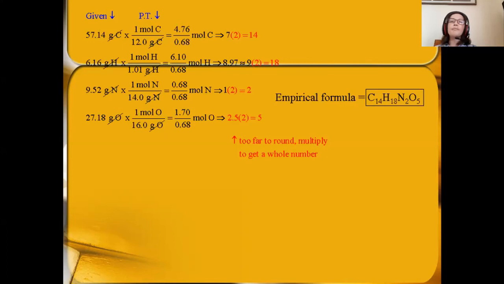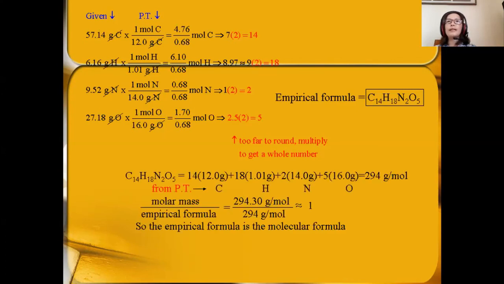After getting the empirical formula, you need to calculate the molar mass, or the empirical formula mass, of C14H18N2O5, and that is 294 grams per mole. How will you get the EFU? The molecular mass over the empirical formula mass.